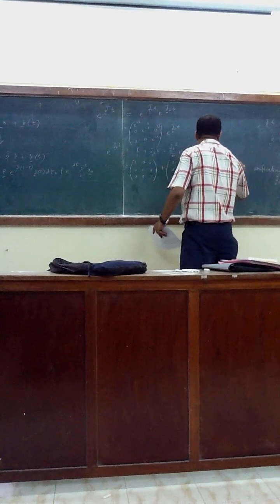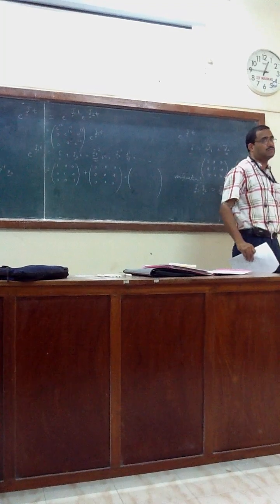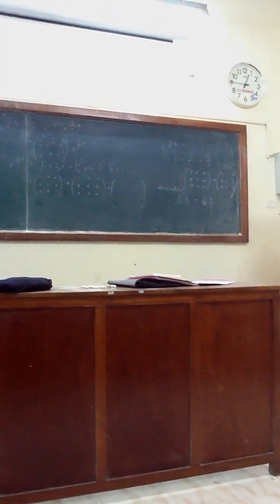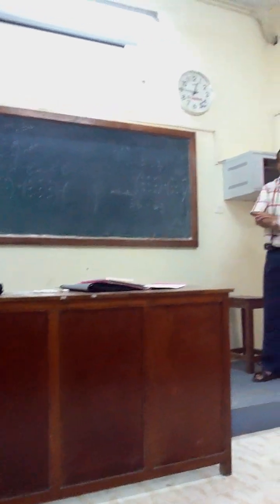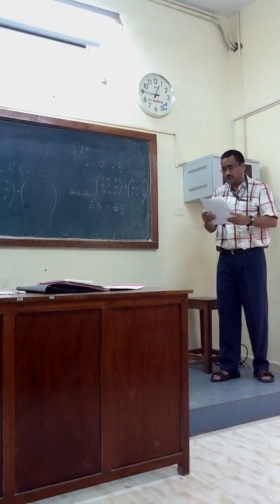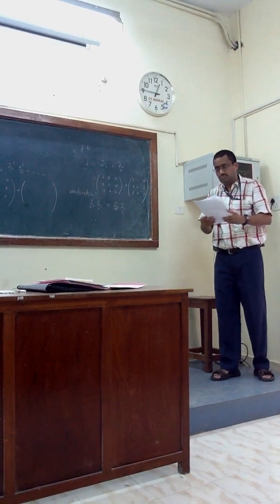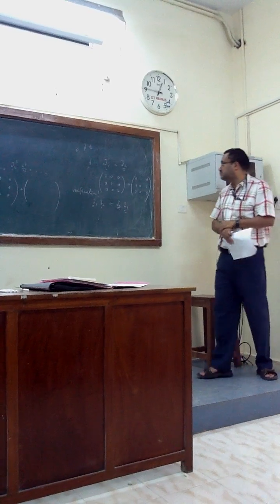Next step, J2 square. Somebody should do J2 square and give me the answer, because some of you are very good in matrix multiplication. Who are good in matrix multiplication?